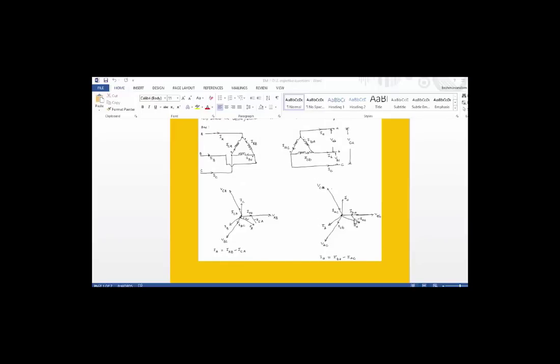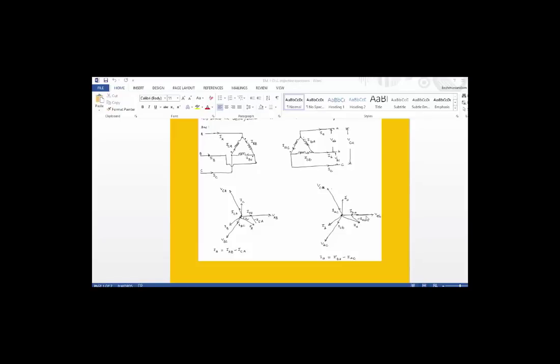Similarly on the secondary side also we can draw the vector diagram for these dot notations. So here VAB, VBC and VCA are 120 degrees apart. As I said, the phase currents are in phase with the per-phase voltages like this, but their direction is different.